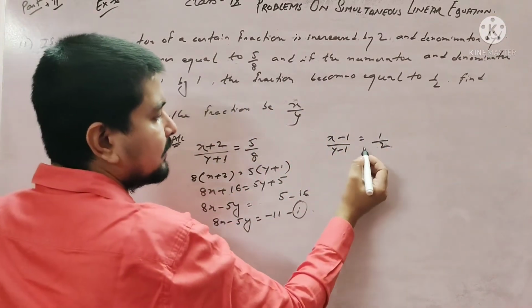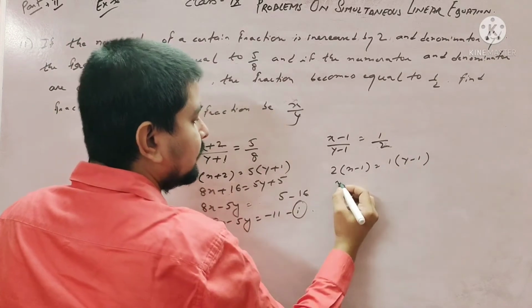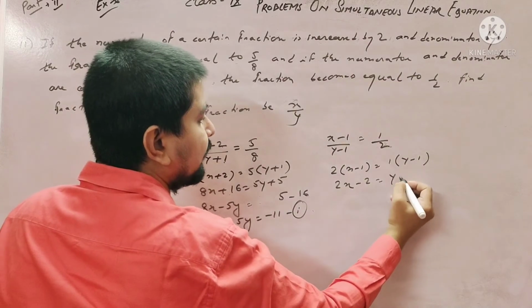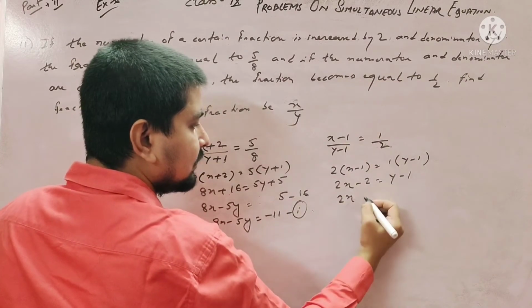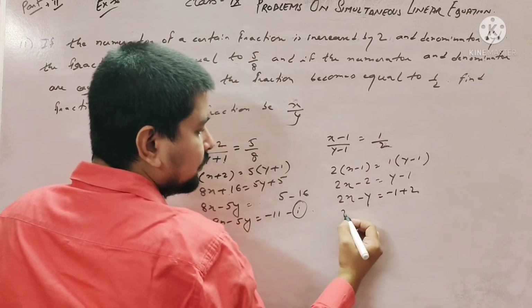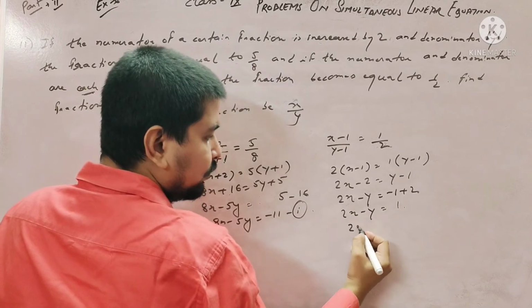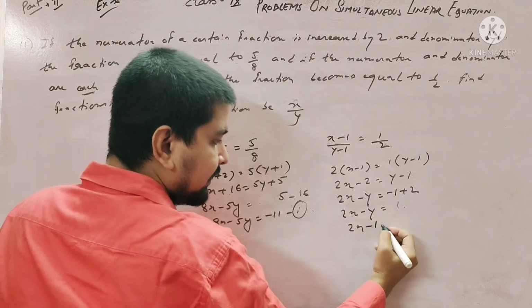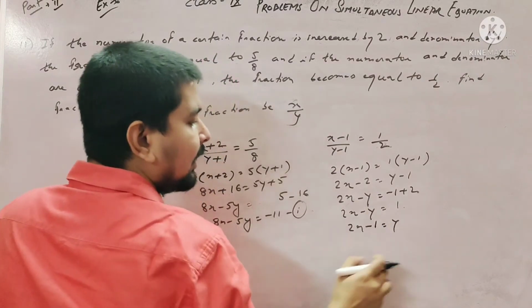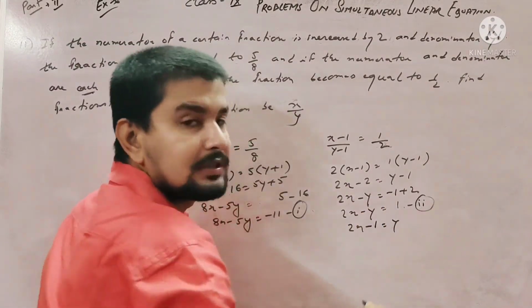Cross multiply: 2 into x minus 1 equals y minus 1, so 2x minus 2 equals y minus 1. 2x minus y, minus 1 plus 2 coming this side, so 2x minus y equals 1. So 2x minus 1 equals y. This is our second equation.